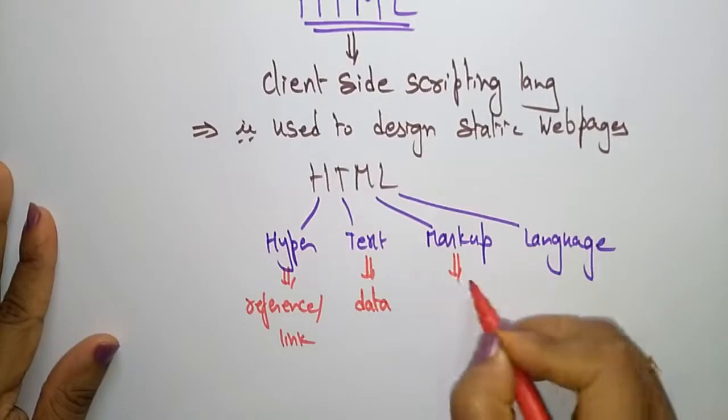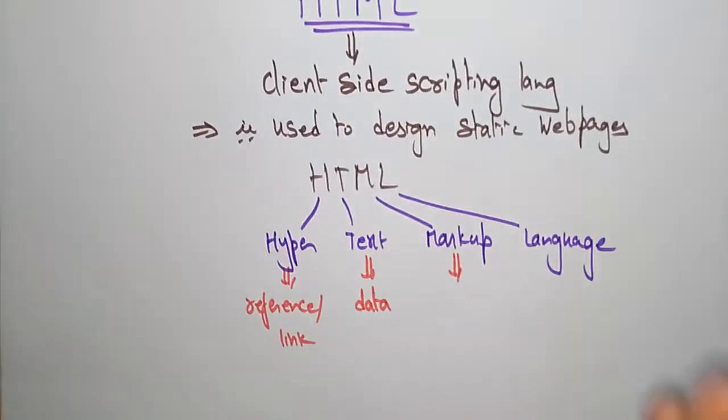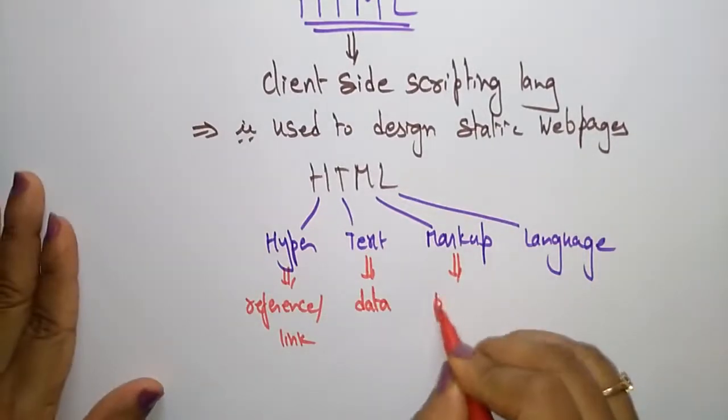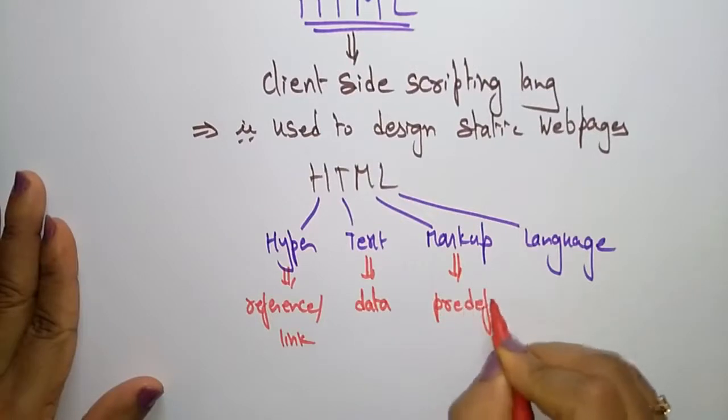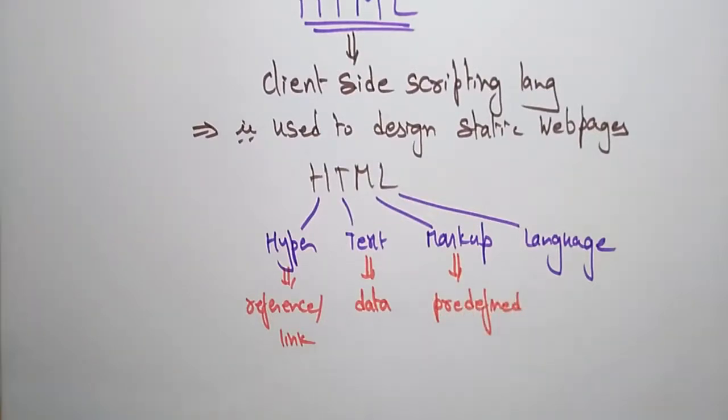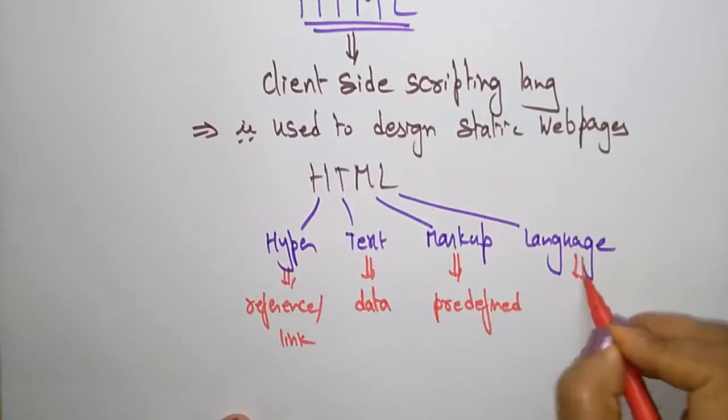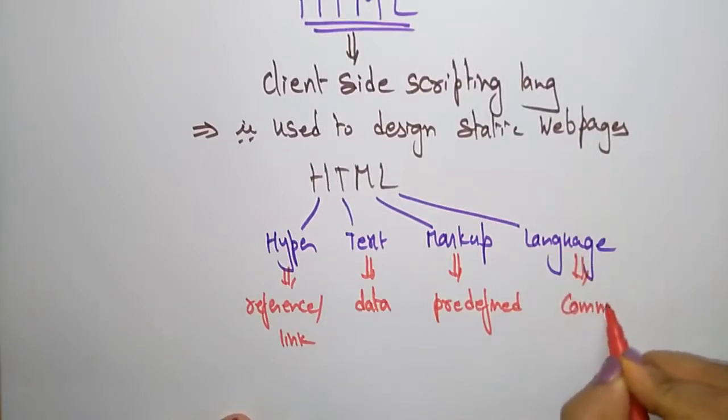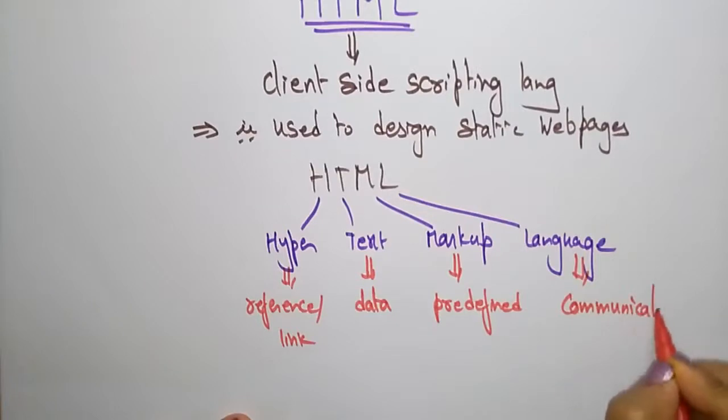And what about the markup? Markup is a set of predefined terms, predefined statements present in this HTML language. And what about the language? Language is used for communication. If you want to communicate, you need some language.